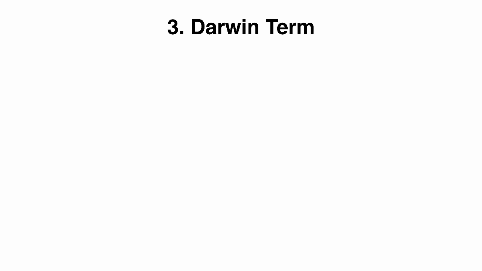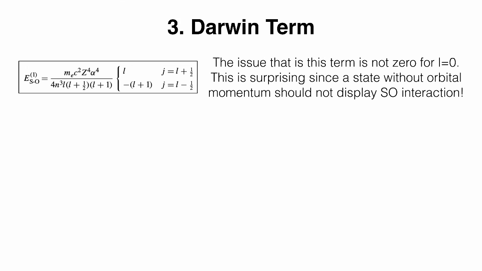Excuse me. Now the Darwin term, where it turns out that the spin-orbit coupling is given by this. Now, this is purely mathematical, and this is where we actually sometimes forget a little bit about the physics. It turns out that what's surprising here is that those terms are non-zero even when L equal to 0.